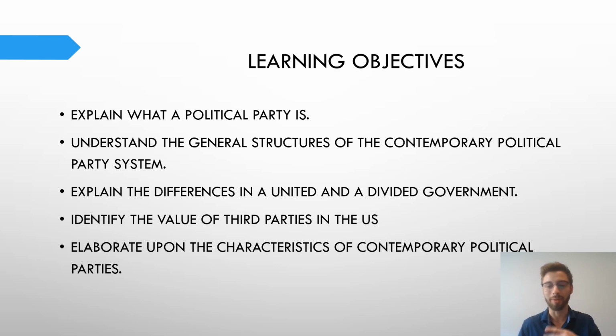What a perfect coincidence: three of the most significant third-party candidates. And then we're going to look into our contemporary political parties, and revisit some terms like party realignment, party de-alignment, and tipping to understand how political parties shift throughout decades. So let's get going.